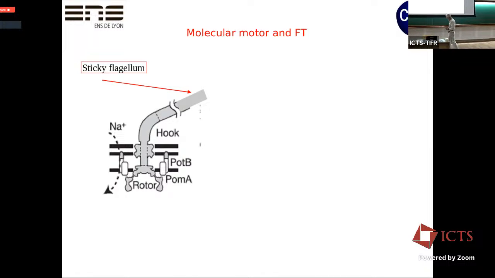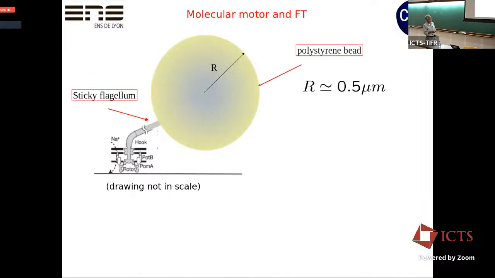Now what is usually done in order to measure the power of this motor, for example as a function of the kind of nutrients and chemicals around the system, is this: they stick the motor on a plate, and on the other side they stick a bead.